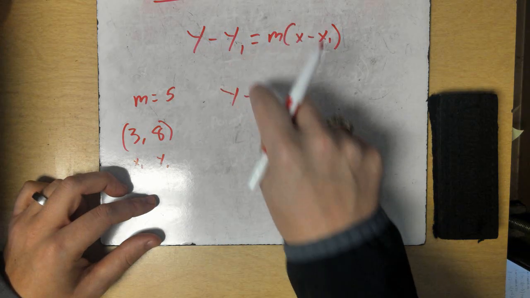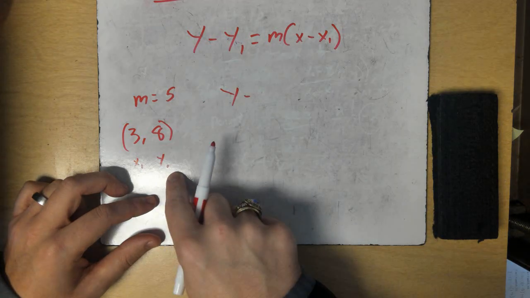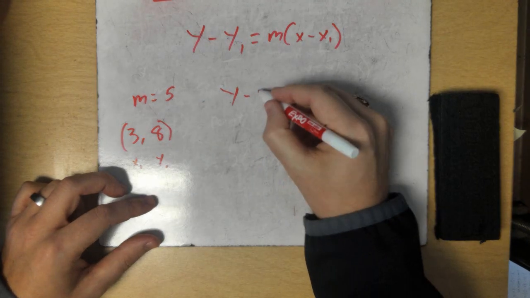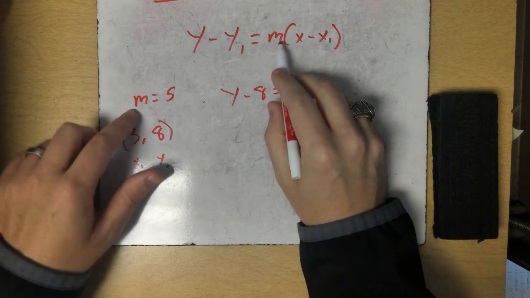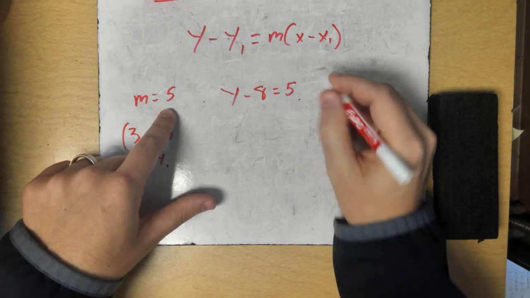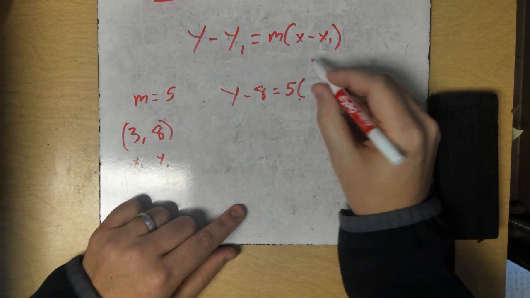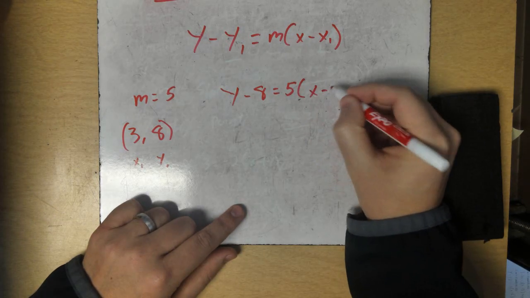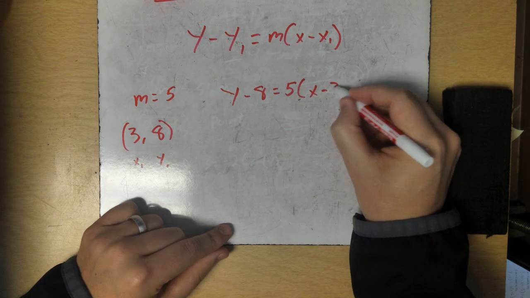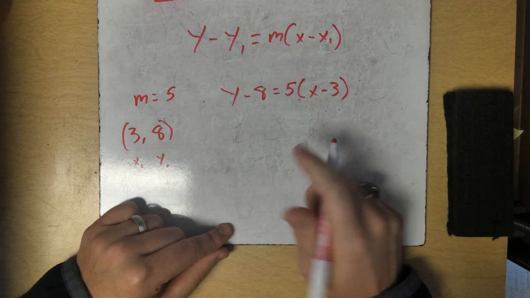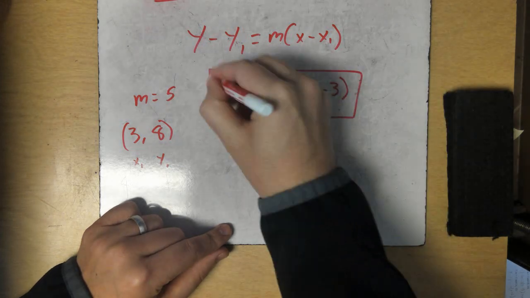So y minus y1. Remember, look at our point. Our y1 is given to us, it is 8, so we write 8. Equals our m. Our m is 5. Parentheses, and then remember this x minus stays the same. And then our x1, if we look, is 3, so we write 3, close parentheses, and that's it.